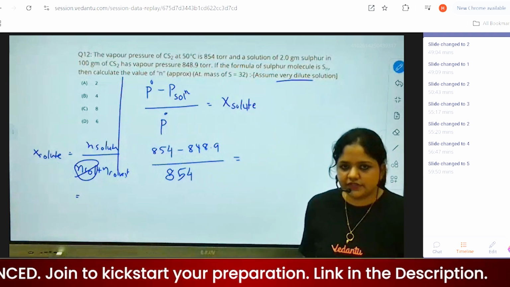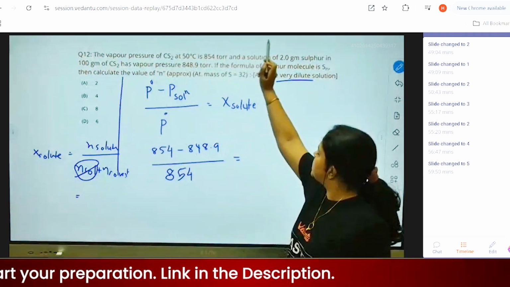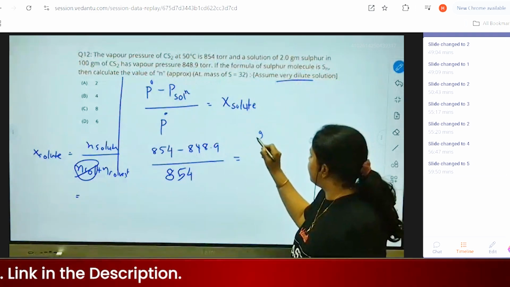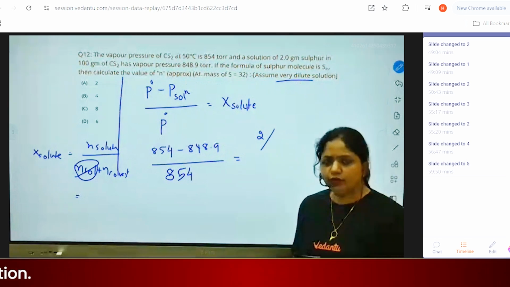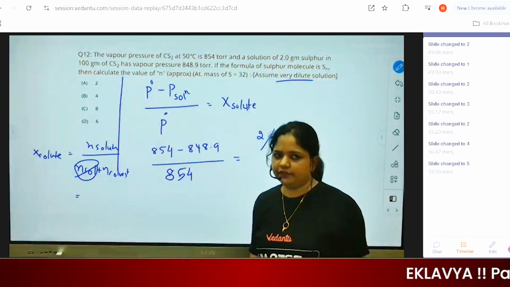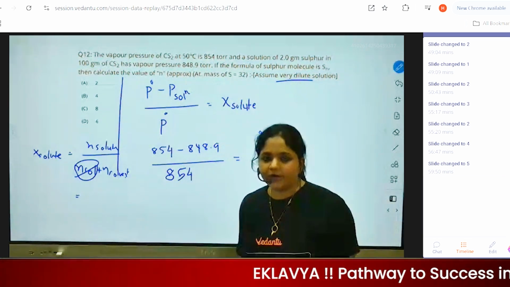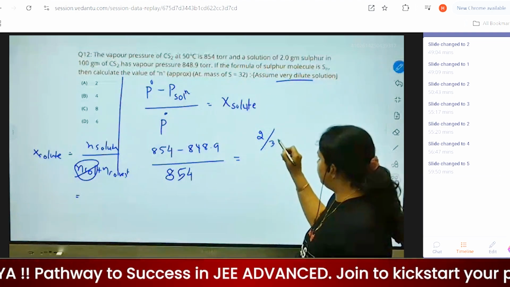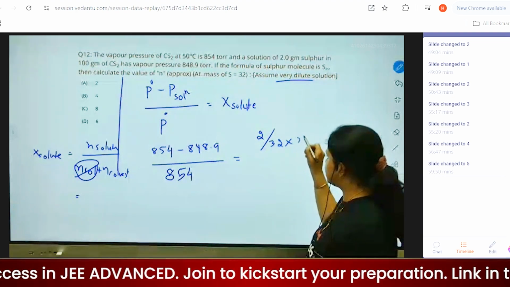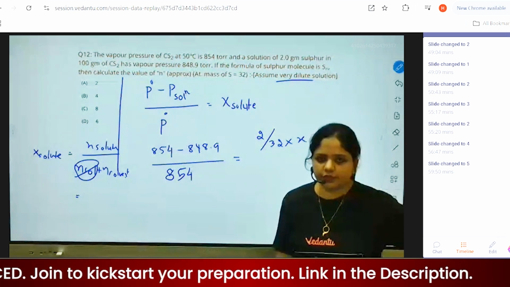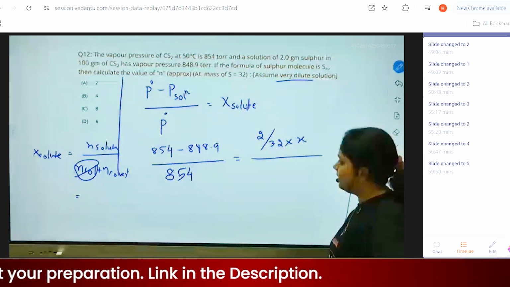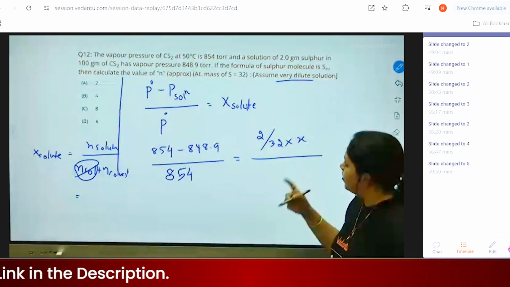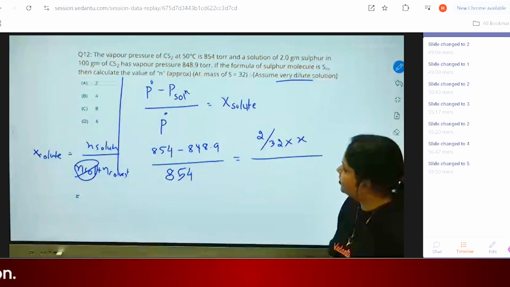Here in this one, mass upon molar mass. What is the mass of sulfur? Sulfur they have given, it is 2 grams. Given mass divided by the molar mass. We don't know the molar mass of sulfur. We know it is 32, but how many sulfurs are there? We don't know. So it is 32 into X. Correct? 32 into X divided by... What is mole fraction of solvent?